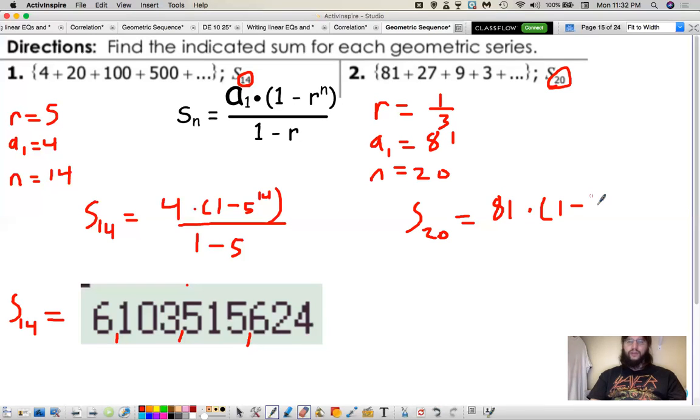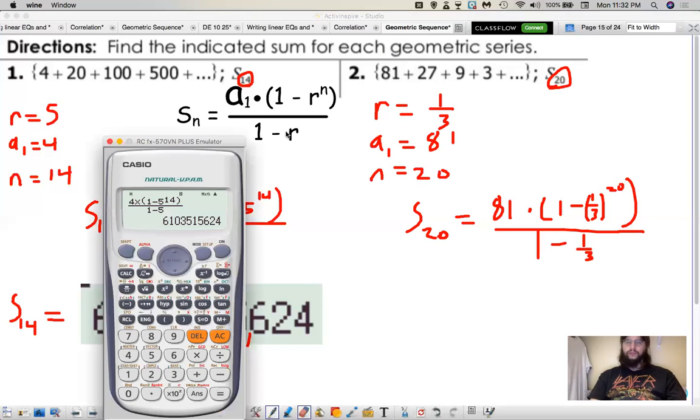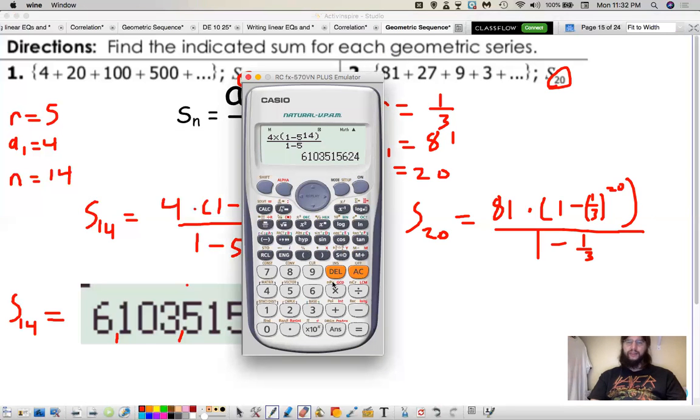81 times 1 minus 1/3. Go ahead and put that in parentheses, raised to the 20. Don't forget to put the parentheses there either. A third in parentheses all by itself, raised to 20.